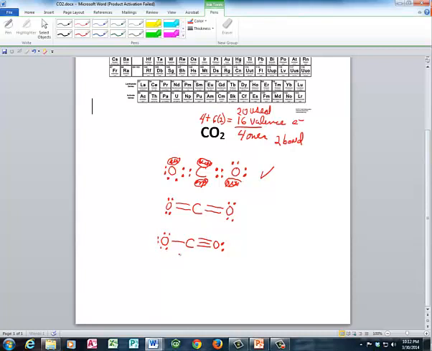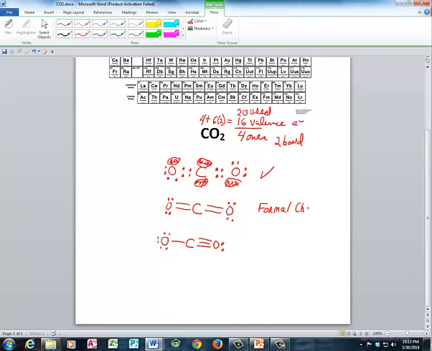So which structure is the more reasonable structure? Which is the structure that we would be most likely to discover carbon dioxide to actually be in? Well, we determine which structure is the most reasonable by calculating the formal charge on each atom in the molecule.